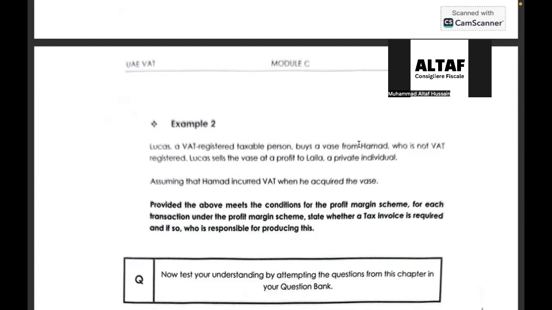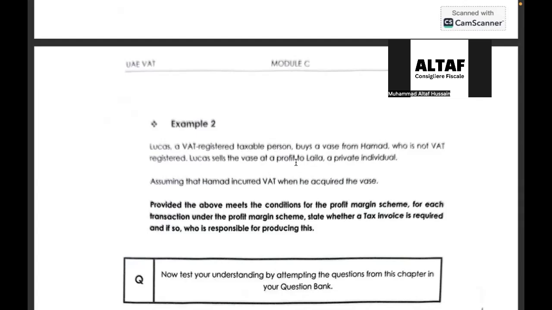But the evidence will need to be there for that purchase, so at least an invoice will be required from Hamad, who originally sold the vase. However, later on, because Lucas sold it to another person, that's where the tax invoice will be needed. So Lucas will have to raise a tax invoice to himself, even if he doesn't give it to Leila.